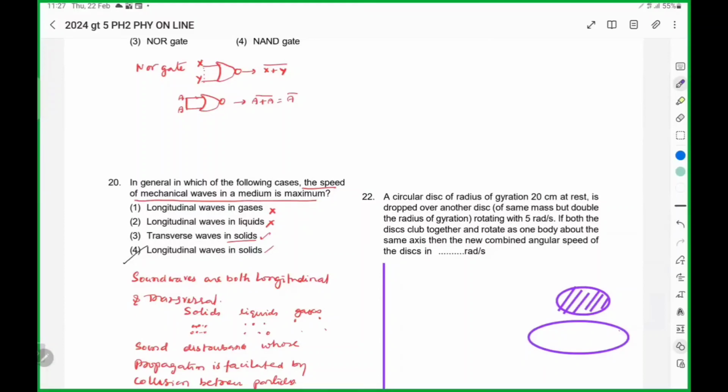Which is rotating with 5 radian per second. So once it is gently placed over another disk, no external force or torque, angular momentum is conserved.